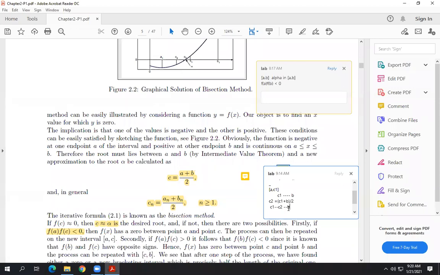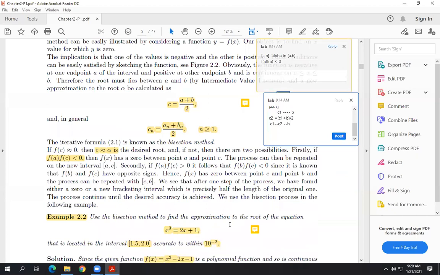Okay, we have the first example for this case. It says use the bisection method to find the approximation to the root of the equation. The teacher does not give you f of x. The teacher gives you a nonlinear equation and the location, and gives you the stopping criteria.